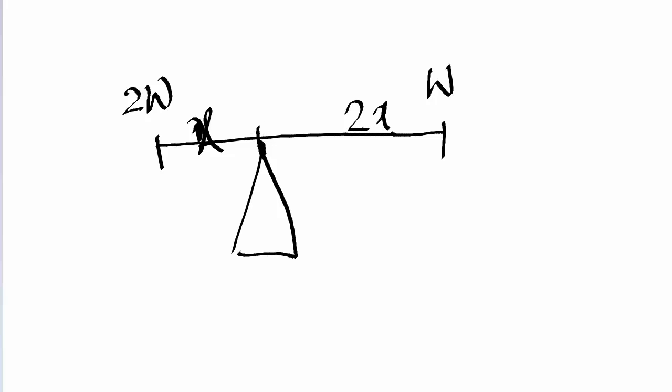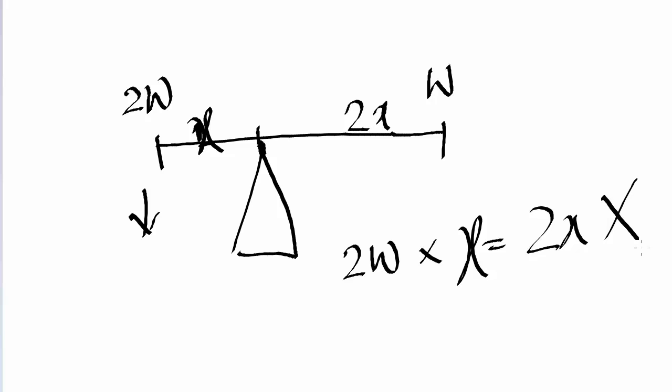And this is the outcome of moment of force. Because we have learned moment of force is equal to the magnitude of force applied, which is 2w, the weight which is pulling down the seesaw, into the distance which here is x. Now if this boy is balancing the heavier boy, then this moment is equal to this moment, so we can say w into 2x, obviously it is equal.